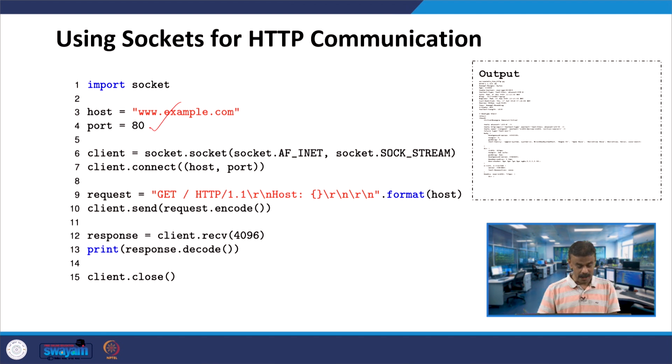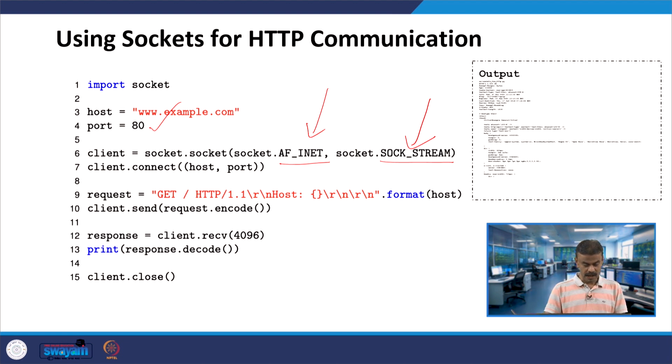Next line, client is equal to socket.socket. We know AF_INET is for IPv4, and SOCK_STREAM specifies the TCP protocol for reliable connection oriented communication. We have already seen this: one is for IPv4 and the other is TCP.